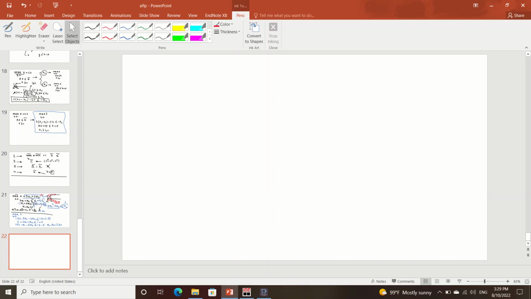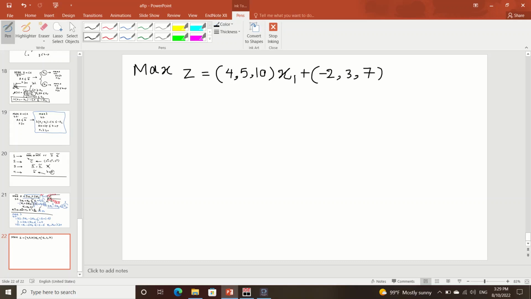And for another example, the second stage, for example, maximum Z equals TFN, triangular fuzzy numbers 4, 5, and 10 as coefficient of the first decision variable, and negative 2, 3, and 7 as coefficient of the second decision variable, subject to 8x1 plus 3x2 is less than 24.